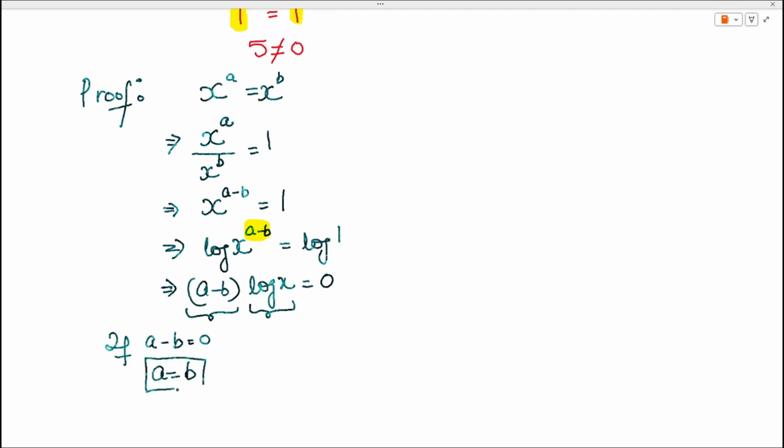So yes, it could be the same, but there's one more condition: if log x is equal to 0, then it is not necessary for a minus b to be 0, which means if log x is equal to 0, then a minus b does not have to be 0, which means a does not have to be equal to b.